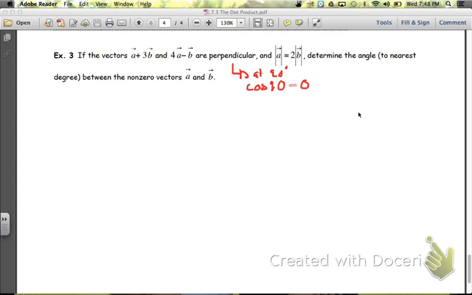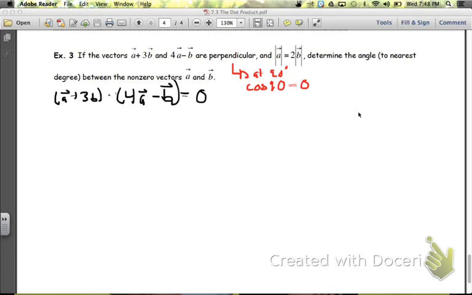So what we are going to do here is take the dot product between A plus 3B and 4A minus B, which is equal to 0. We're going to set that equal to 0 to be able to solve for our angle between them. So here we can use our distributive property.